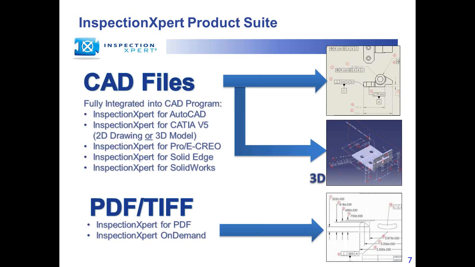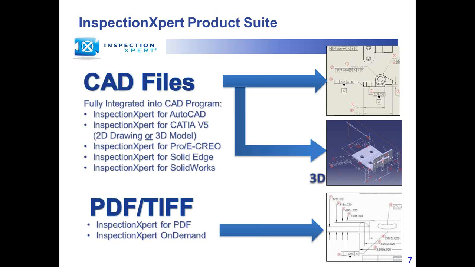And from all of those, they basically function the exact same way as what you saw in the CATIA interface. InspectionXpert On Demand is the version of InspectionXpert that works with PDF and TIFF files that can be accessed directly from NetInspect. We also have an installed version of that called InspectionXpert for PDF that's not accessible via the web. It will just be installed on your computer.